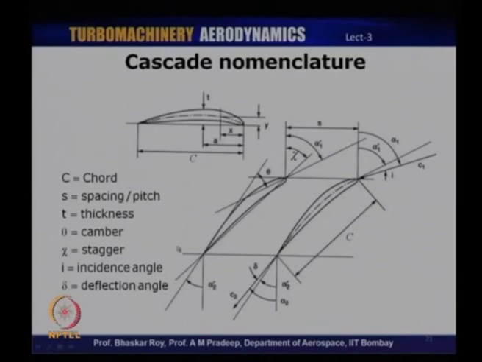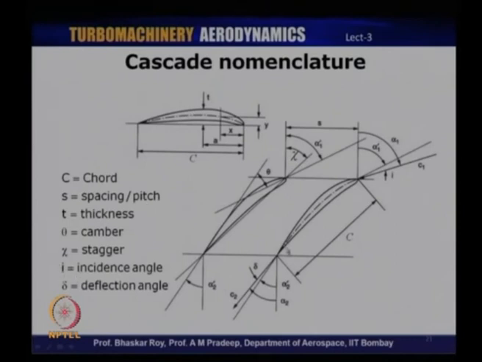Now, psi here denotes what is known as the stagger or the setting angle. It is basically the angle between the chord of the blade and the cascade axis. This angle that you see here represents the stagger or this angular setting of the blade.